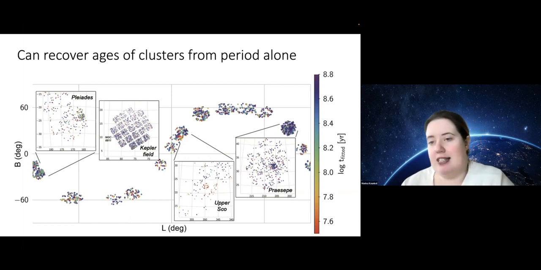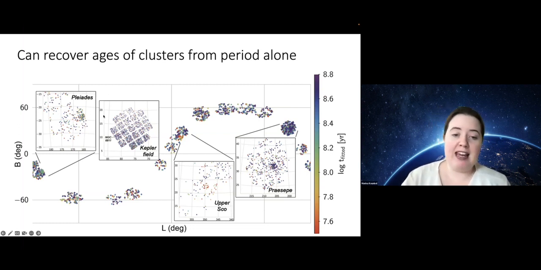Unfortunately, TESS isn't quite there to provide rotational periods of all the stars across the entire sky. I'm hopeful that it's something that will be possible in the next decade. Therefore, it will be able to increase our sample of stars with known ages by an order of magnitude. But there are some known rotational periods of stars from Kepler, the main Kepler field, as well as the K2 fields.